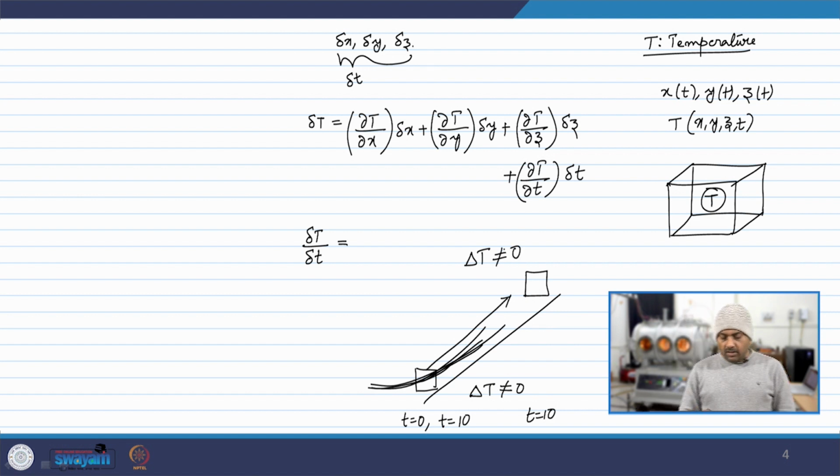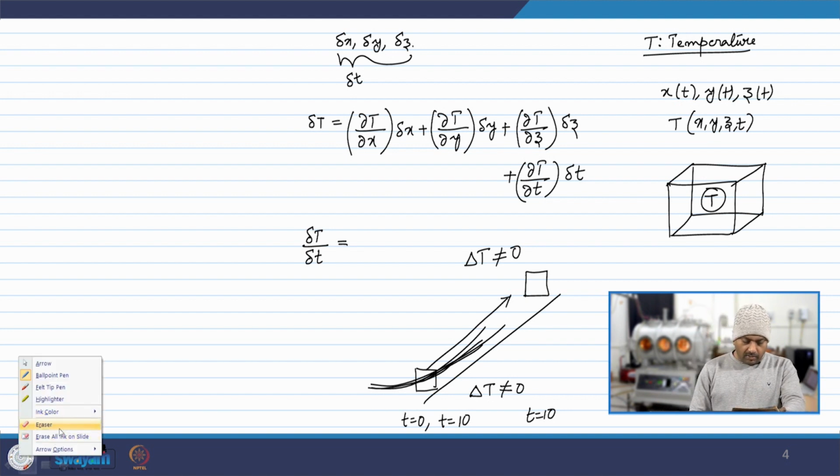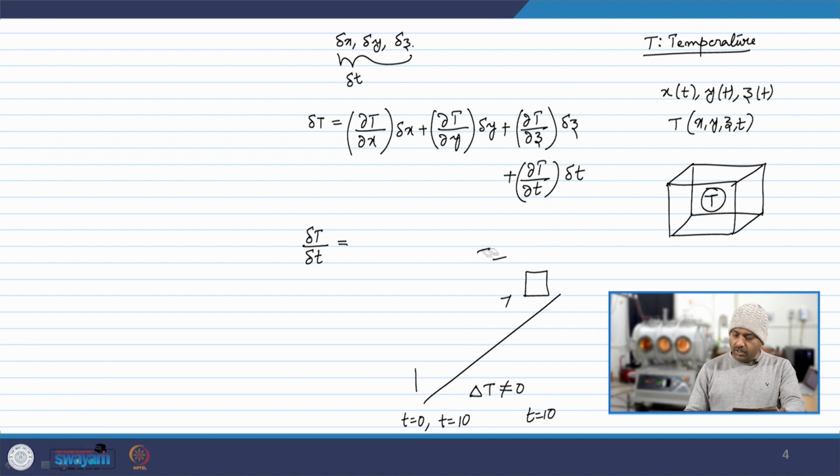So, what this total derivative does is that it accounts for changes which happen with respect to position as well as with respect to time. But ultimately, both these scenarios have to happen over a period of time. So, it is obvious that we divide this with respect to time, then we will capture both the different types of variations in a single equation.